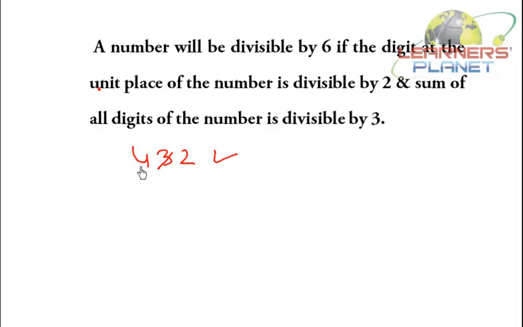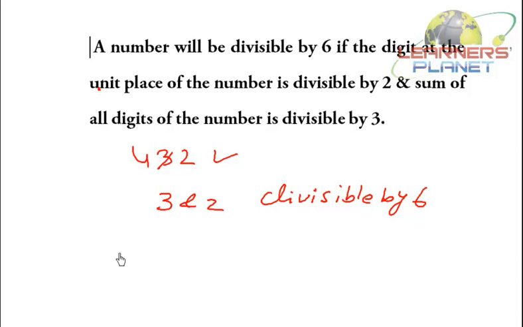Now we are left with 4 and 2. So 4 plus 2 is 6, so it is divisible by 3. So 432 is divisible by both 3 and 2. Hence it is divisible by 6.